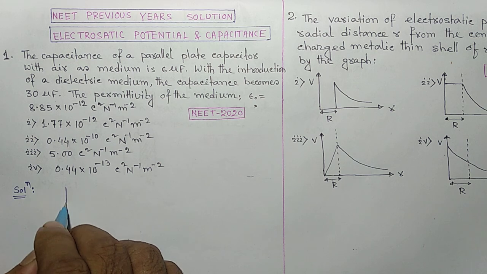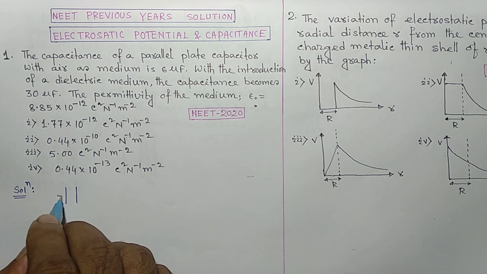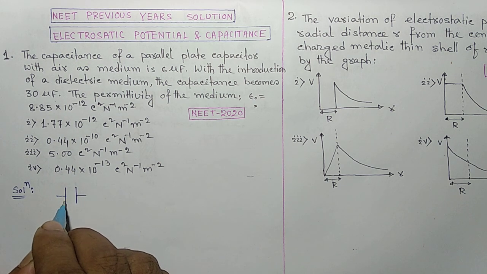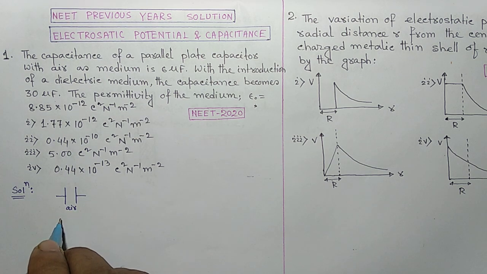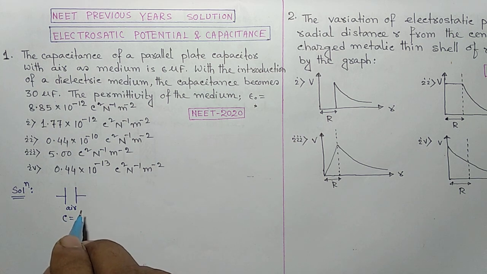So here it is a capacitor, and in between the medium is air. In that case, the capacitance C is given as 6 microfarad.